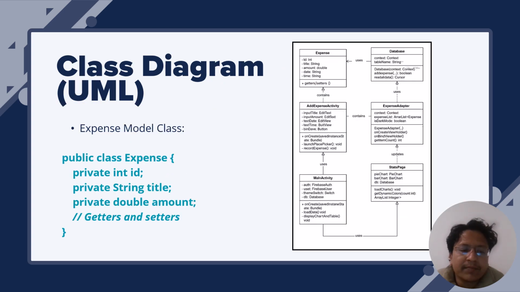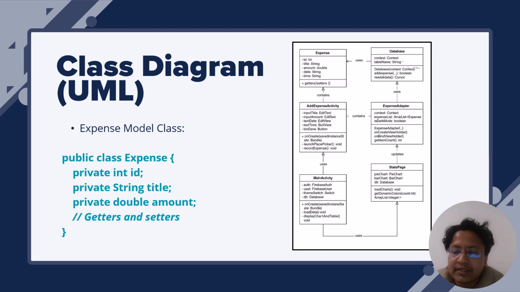Class diagram UML. This is the expense model class. Now let's explore Personal Expense Tracker's architecture. The class diagram shows how components interact. At its heart is the expense class, a structure template for storing data like amount, date, and location.